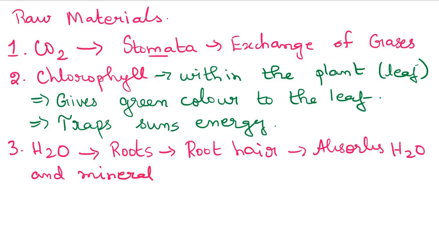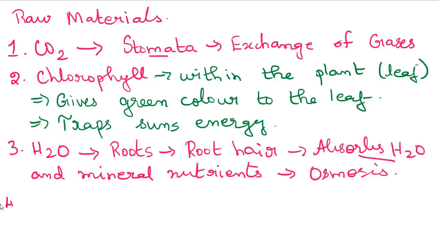We know the mineral nutrients are dissolved in the water, and thus the root hair absorbs the water and the mineral nutrients through a process called osmosis. Because of the difference in the concentration of water in the soil and inside the cell, osmosis occurs, which in turn helps in the absorption of water and mineral nutrients.